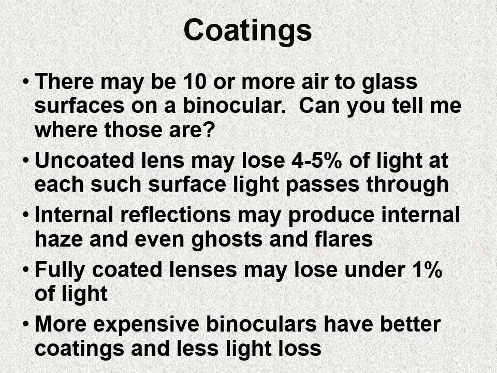So if there are 10 surfaces and there's no coating, you lose 50% of the light coming into the objective that you see in the ocular. And there are internal reflections because of that. The image is really reduced quite a bit in terms of clarity. Coating lenses reduces this problem, and the more expensive binoculars have better coating.